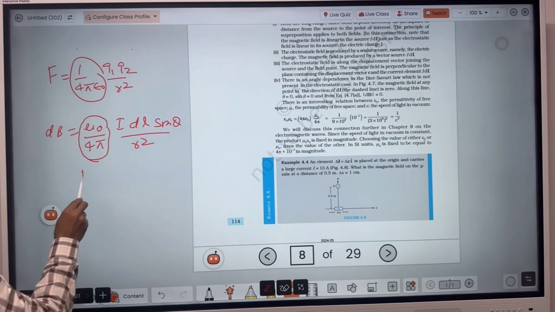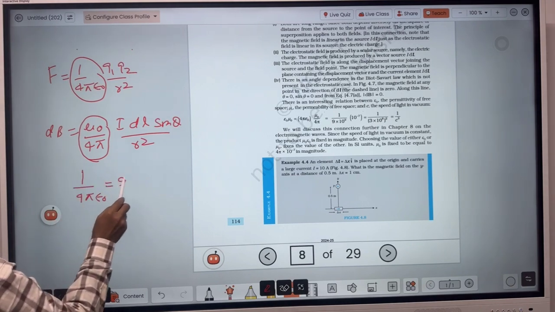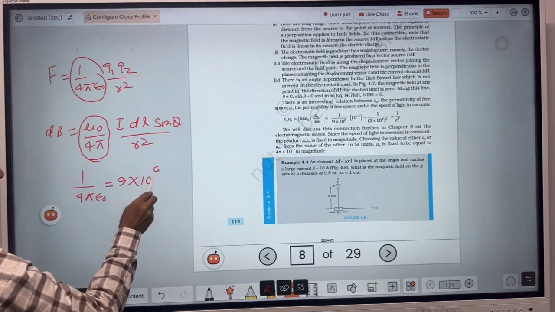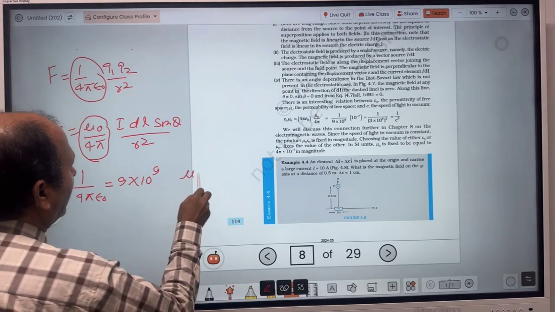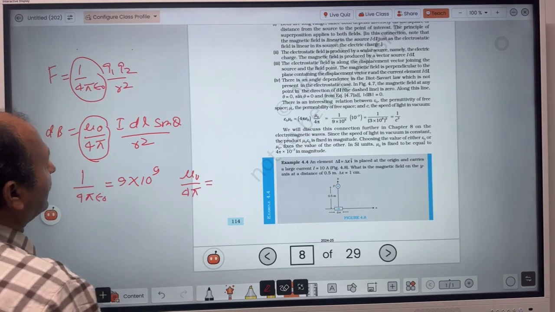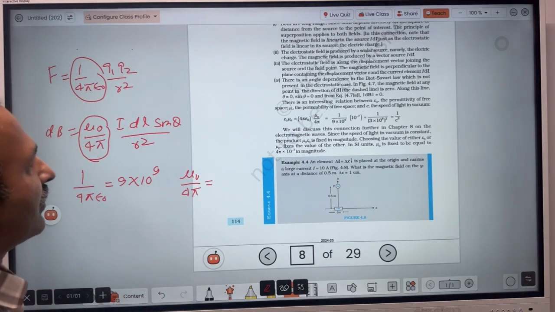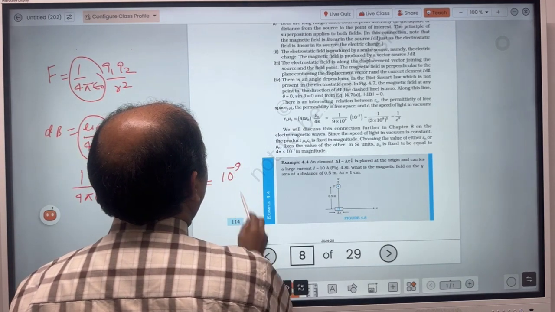We know 1 upon 4 pi epsilon naught equal to 9 into 10 to the power 9, and mu naught upon 4 pi is equal to 10 power minus 7.